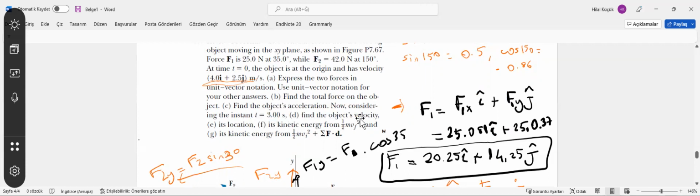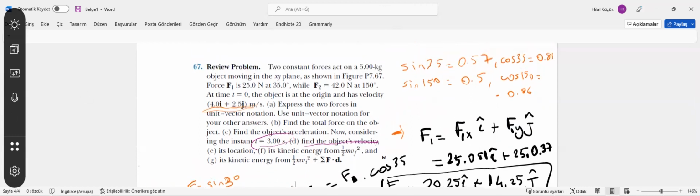Find. I think there is some mistake. Find the object velocity at that time. Is it right? Yes. Ignore this part. It is asking the other part. I will use this information, not here. Just you need to find acceleration. You can find acceleration easily.